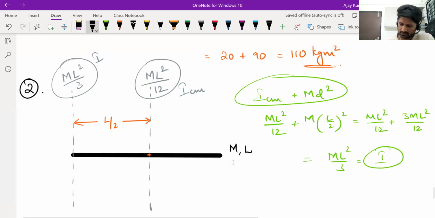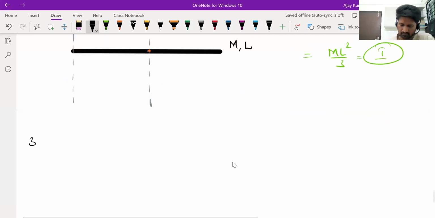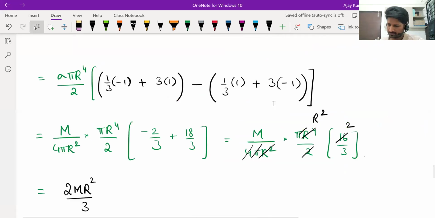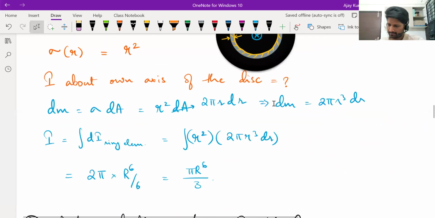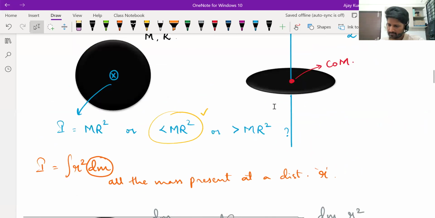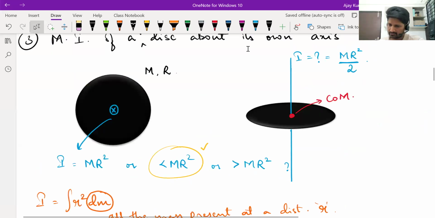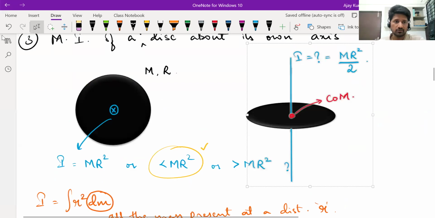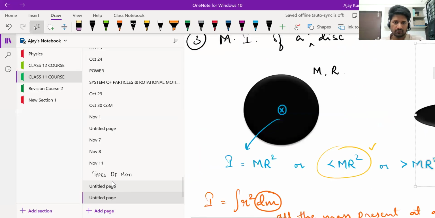Okay, next. Derive the moment of inertia. Let's consider this system, a disk. For a disk about its own axis, it is MR square by 2.